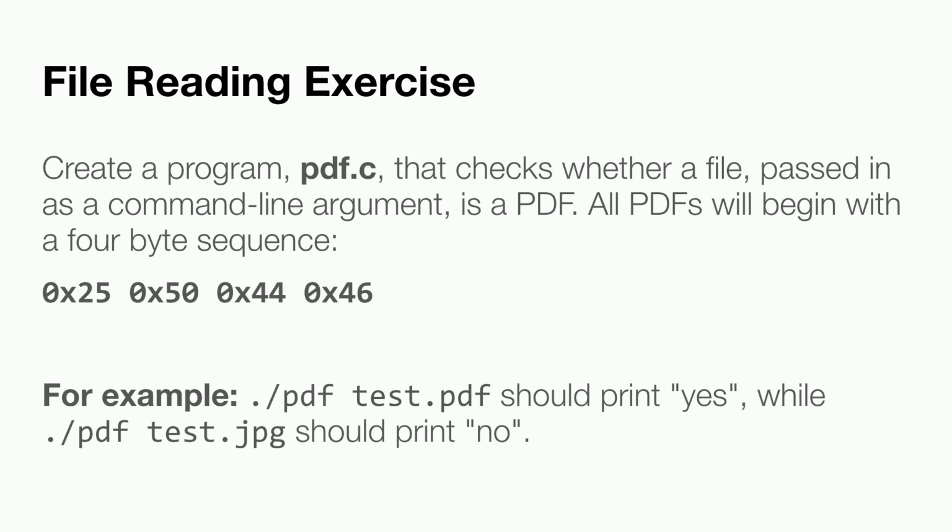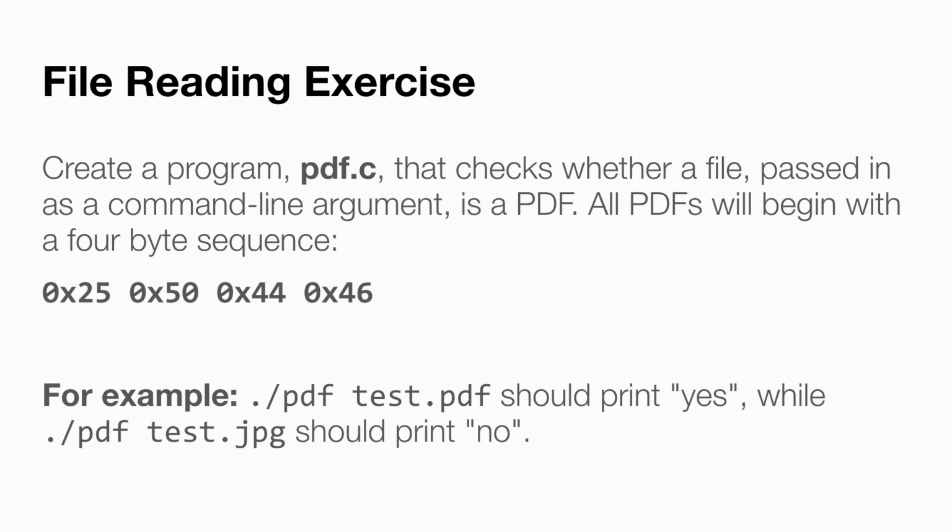So what we're going to do is create a program called pdf.c. And again, you're welcome to follow along with me or reference it after this. We will write a program that will read the file, and then we'll try to understand if it's a PDF or not. A helpful hint here is that all PDFs begin with a specific 4-byte sequence.